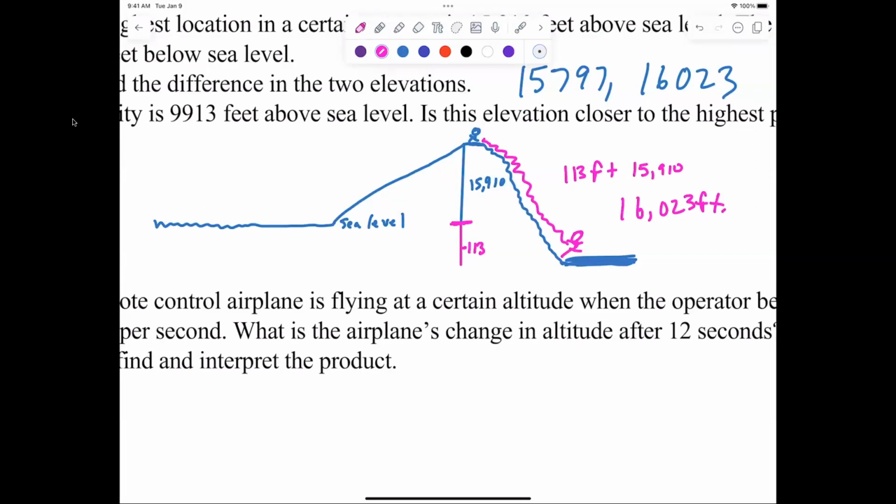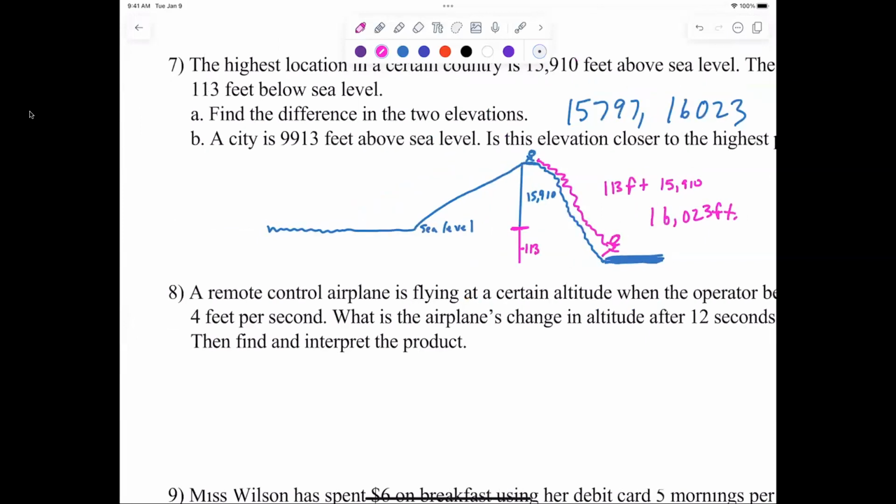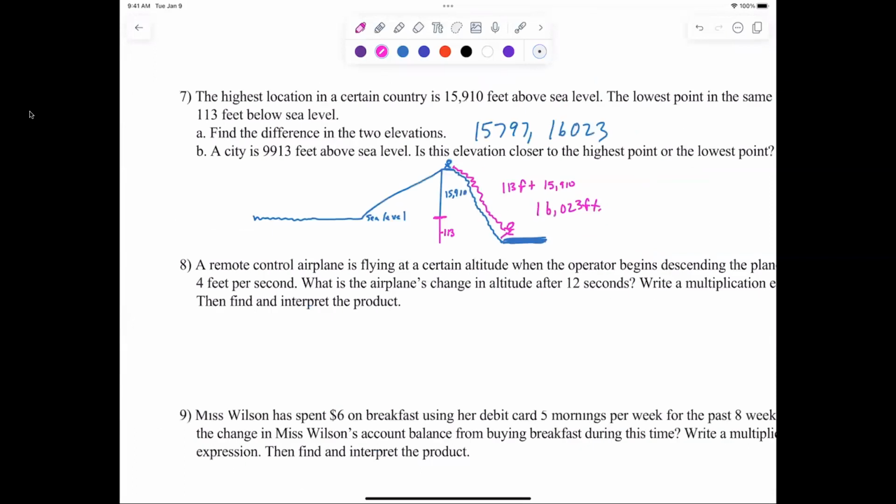All right, here we go. So with that being said, I'm going to take a look at letter B. Another city was created 9,913 feet above sea level. Is this elevation close to the highest or to the lowest? The highest.